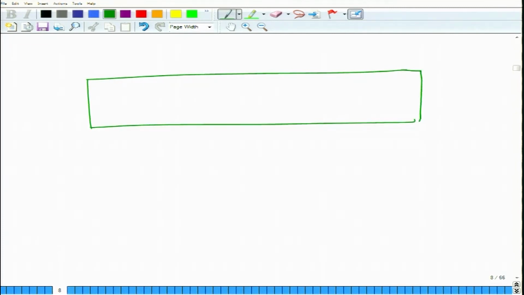This is your incident beam, this is your diffracted beam. The first cone, with the lowest 2 theta, will intercept like this. The second one will intercept like this. So this is how you will get your X-ray diffraction pattern.